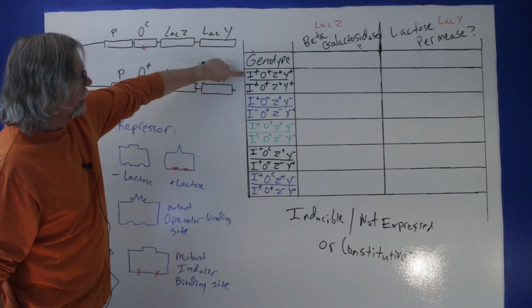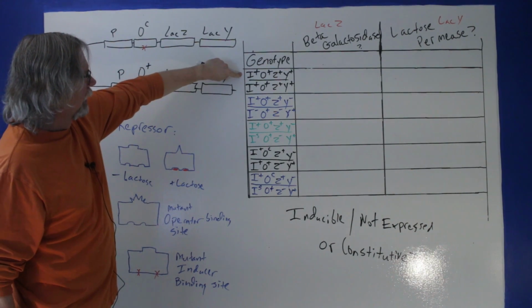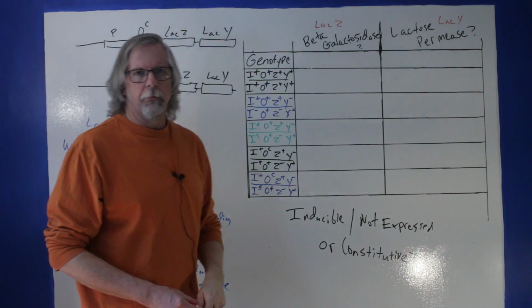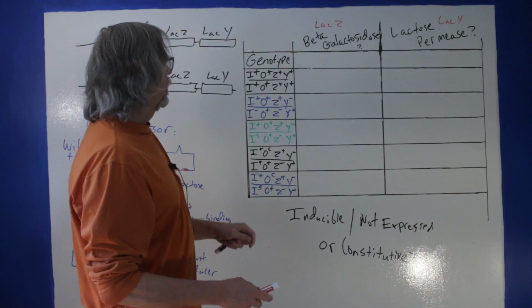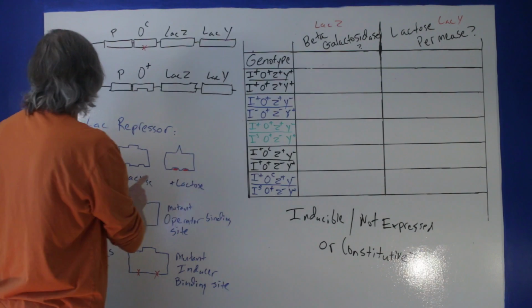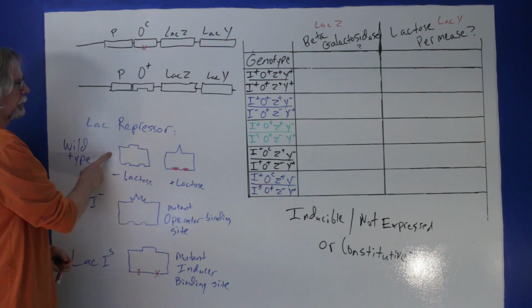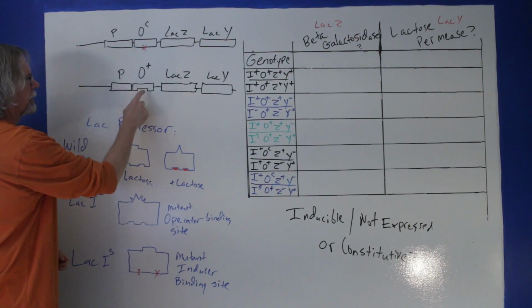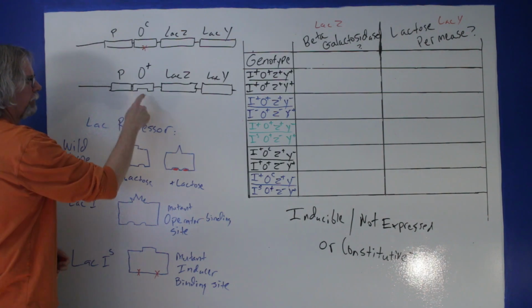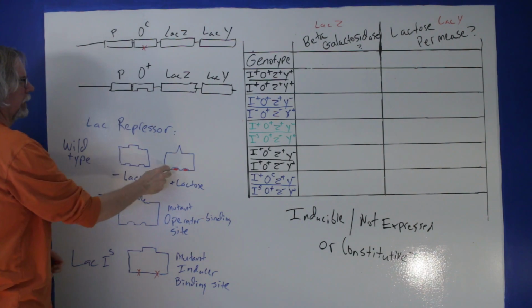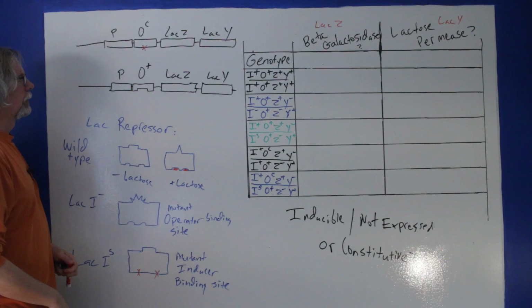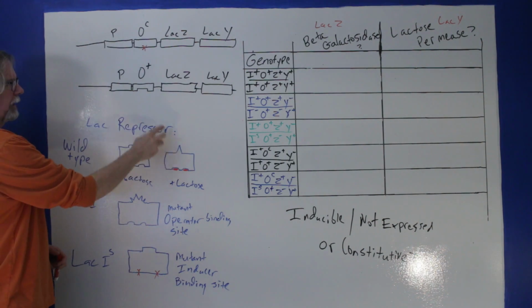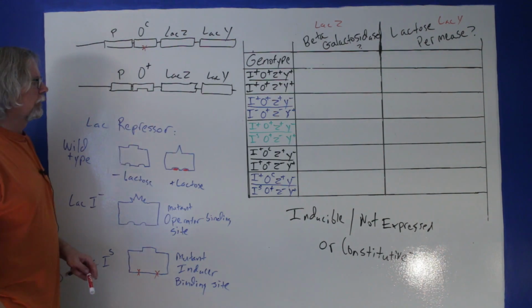So first of all, for the first genotype here, both copies are fully wild type, okay? So there's a wild type repressor, and this repressor is able to bind to the wild type operator, but if lactose is present, it's going to change the shape of the repressor, and that repressor can't bind to the wild type operator.